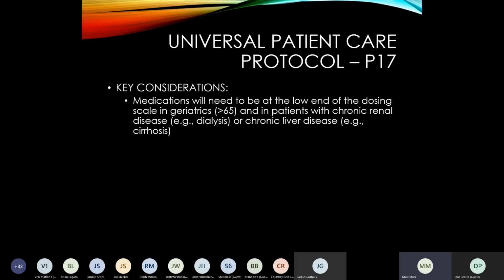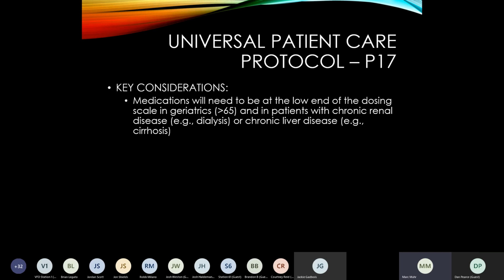Key considerations is that medications that we administer to geriatric patients, and that's currently defined as age greater than 65, and in patients with chronic renal failure, renal disease, they're on dialysis, or they have chronic liver disease, any condition that prevents absorption or clearance, we need to consider using the low end of the dosing scale on these patients.